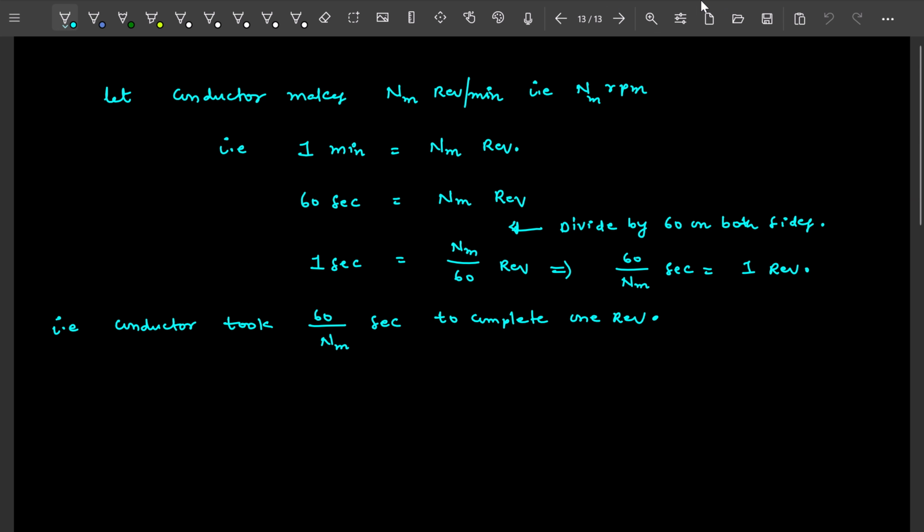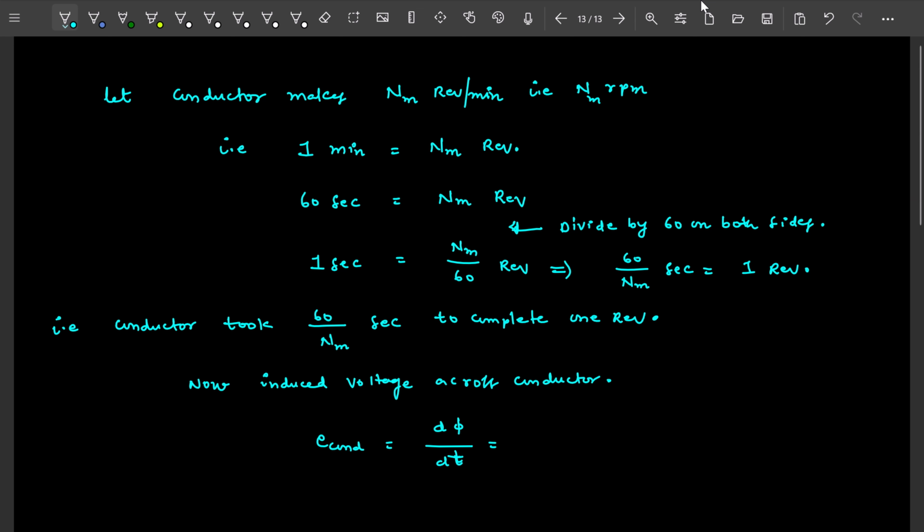Okay, now the induced voltage across the conductor is given by E conductor, that is the induced voltage across the conductor. E conductor is nothing but d phi by dt. Okay, this thing you already know.